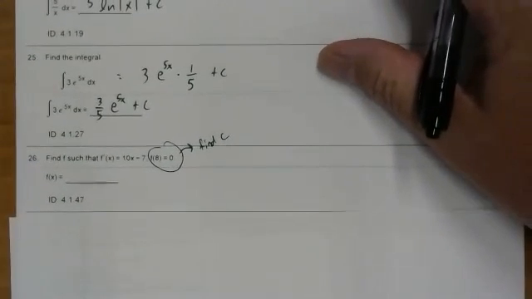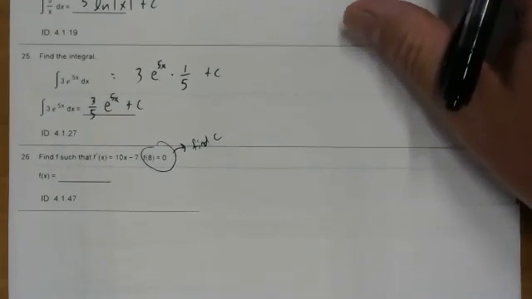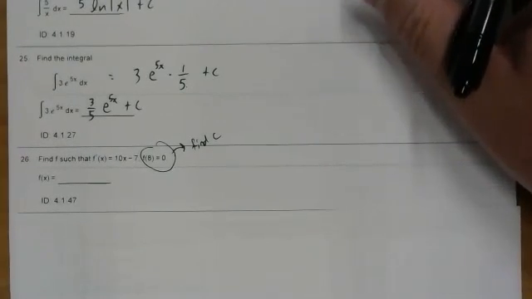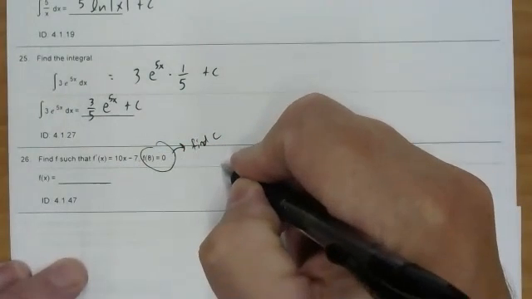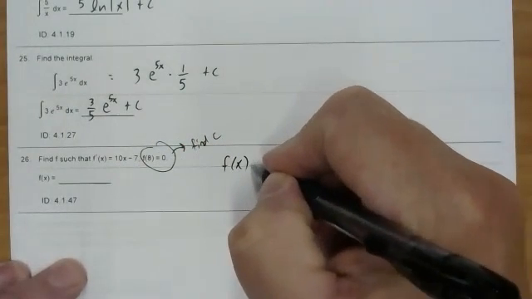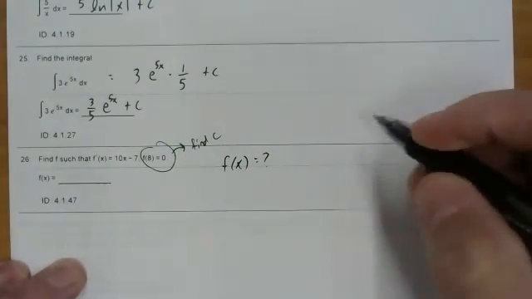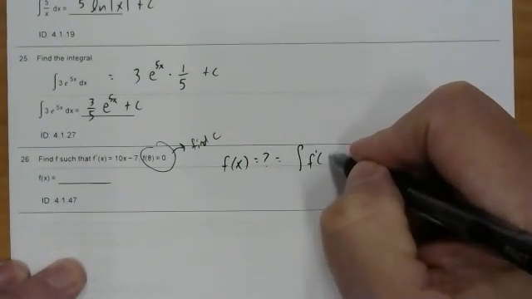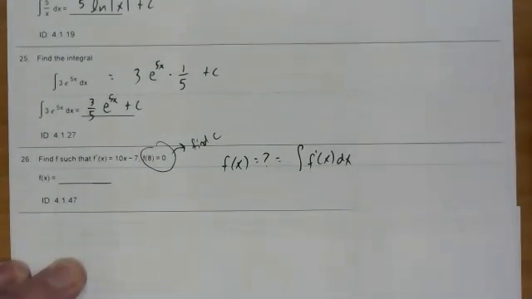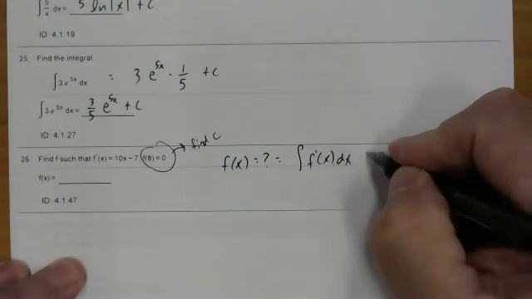That'll help us determine the value of C. So basically, we're trying to find the function, which is just going to be the integral of the first derivative.